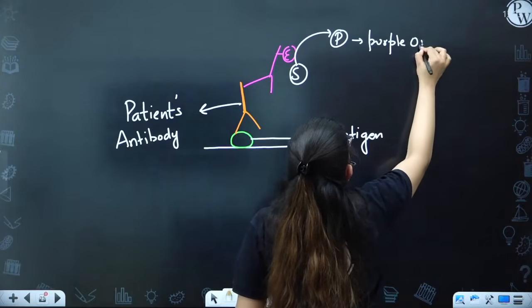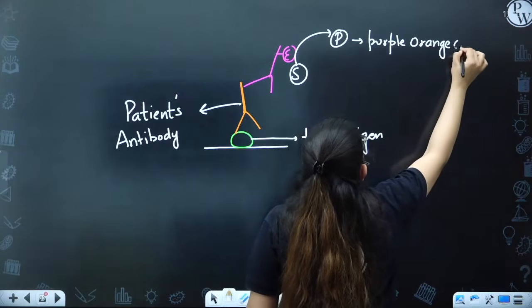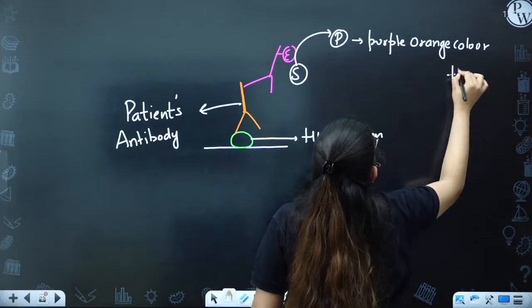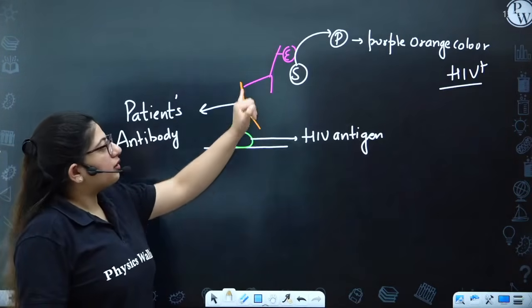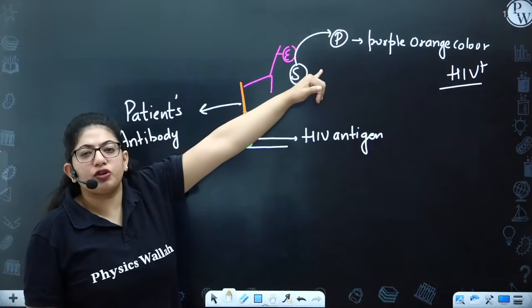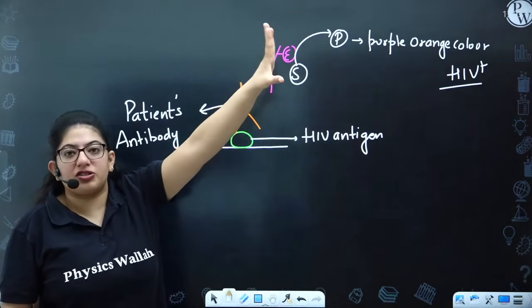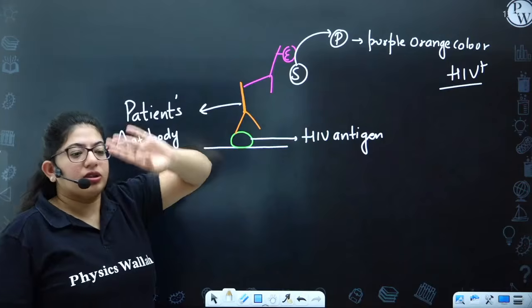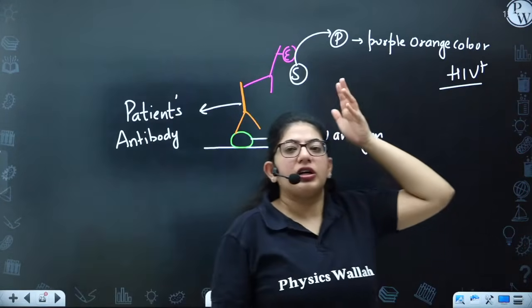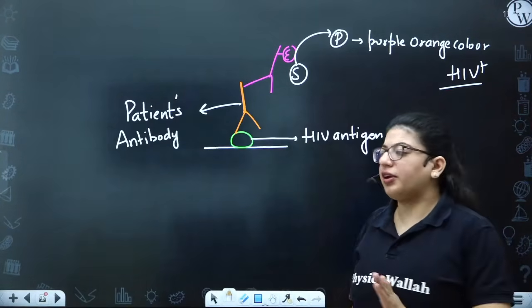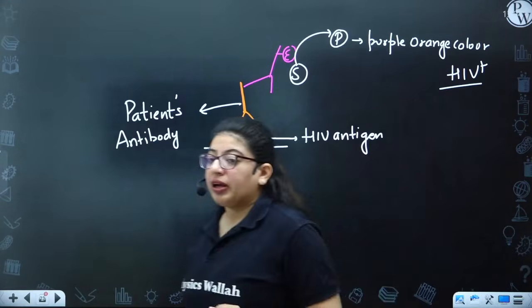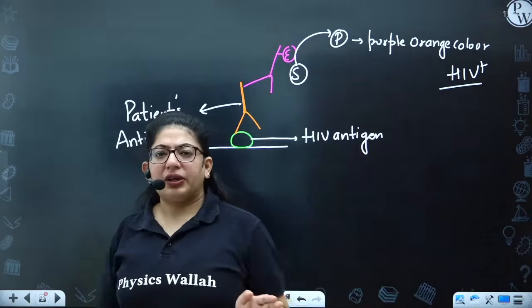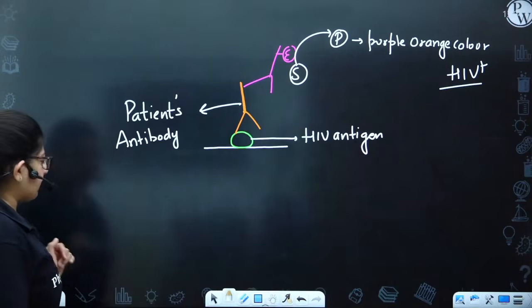If a purple orange color is there, that means the person is HIV positive. If the person is negative, this will not bind, substrate will not convert into product, and there will not be any color change. All right, so this is how you can confirm whether a person has HIV or not. There are different types of ELISA. This is one type of ELISA. Other types of ELISA we will be doing in human health and disease.